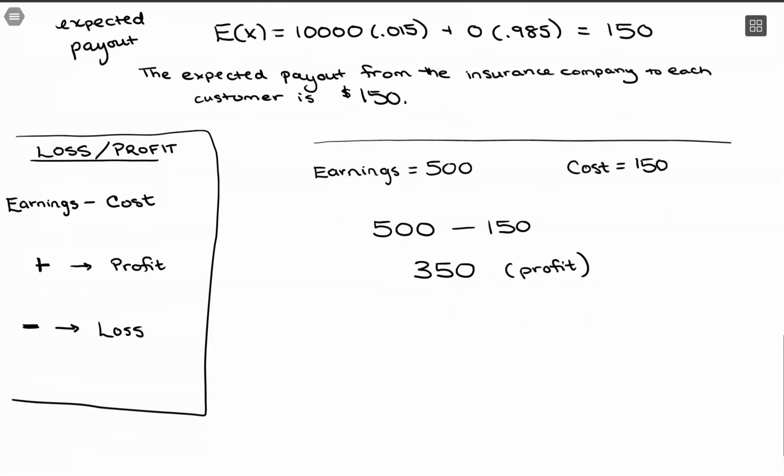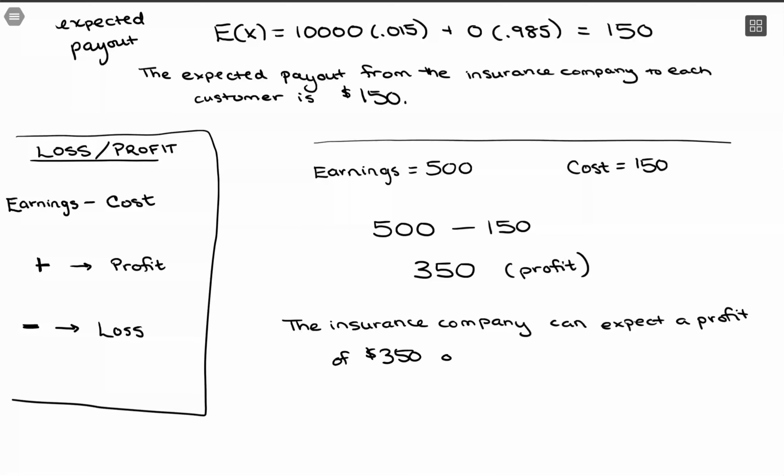So what we could see here is that the insurance company can expect a profit of $350 on average from each customer.